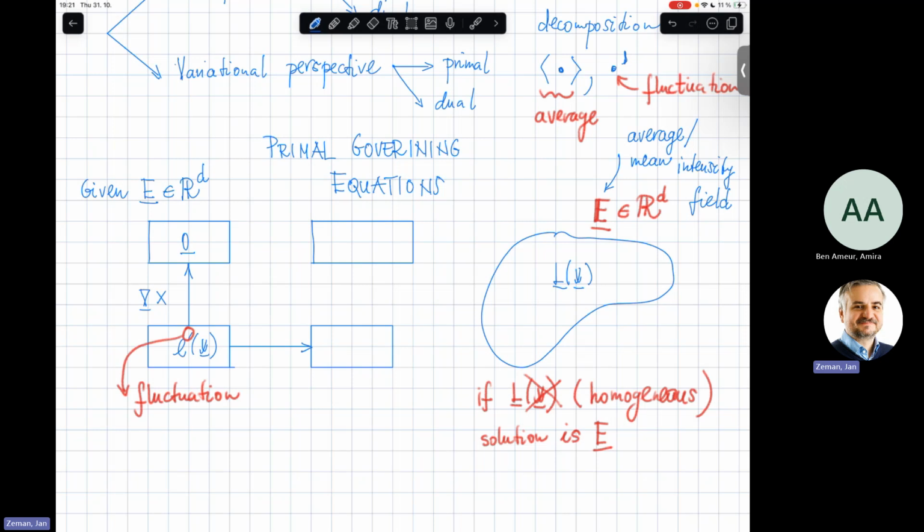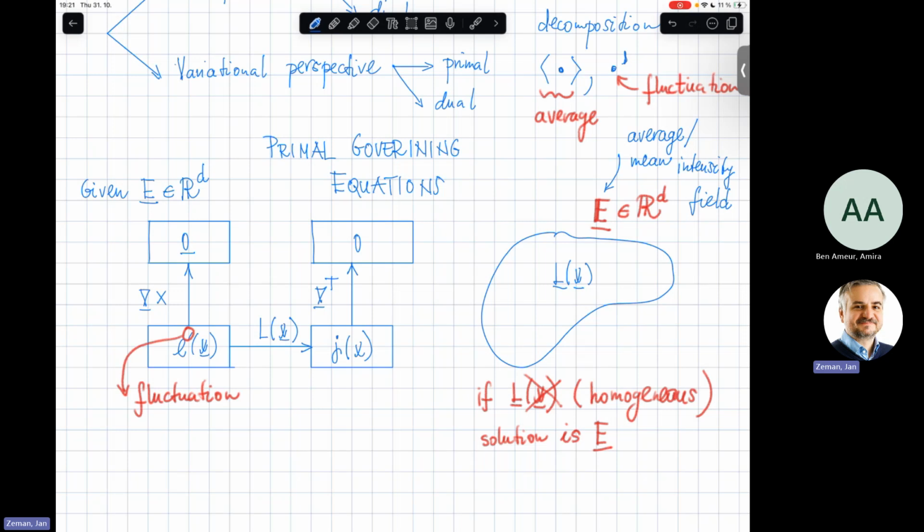I can connect these two things by the primary coefficient, and the flux which I will eventually get will be this J of X, and this is something which, if I take the divergence, goes to 0.